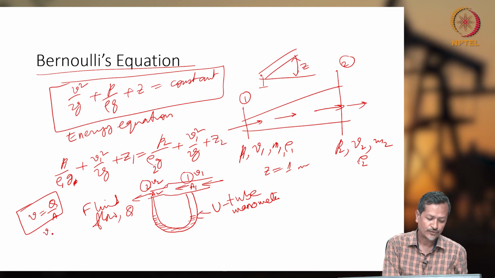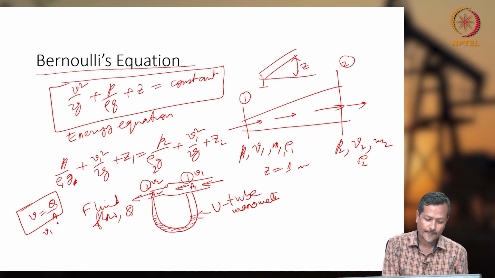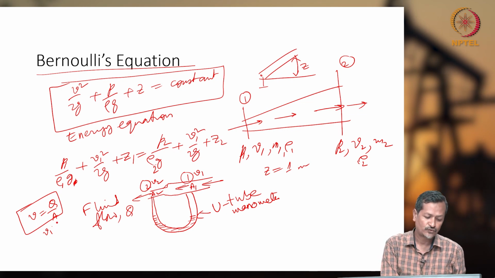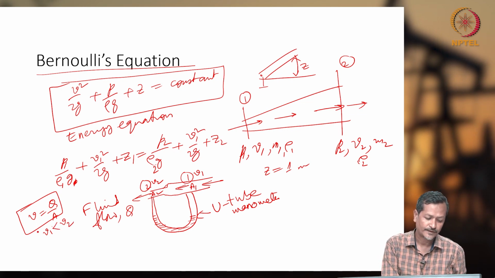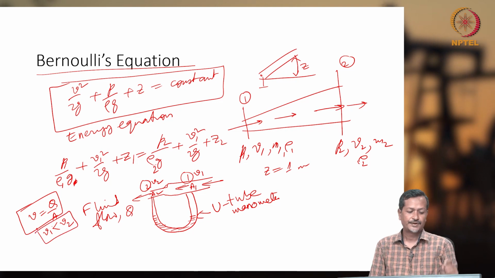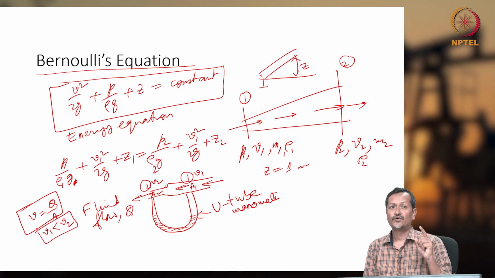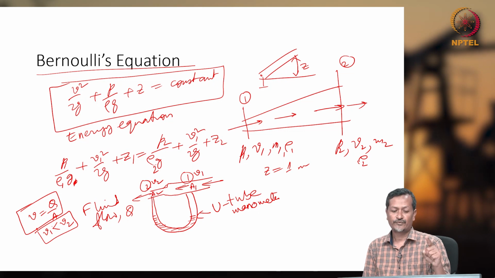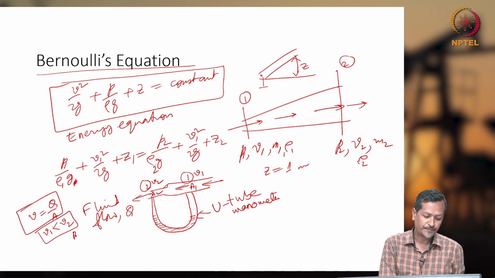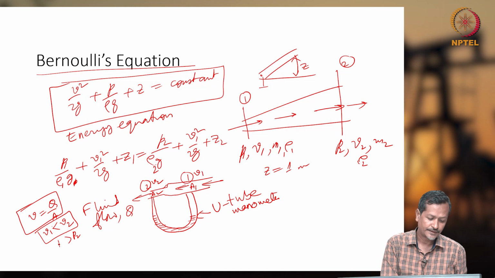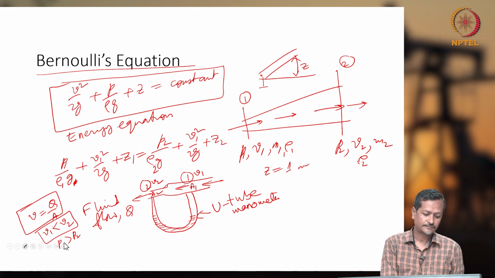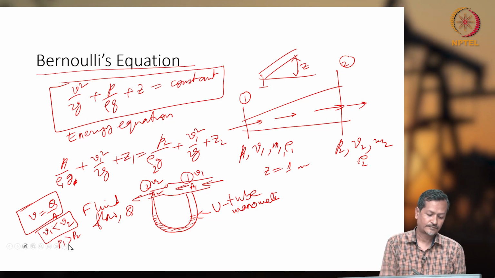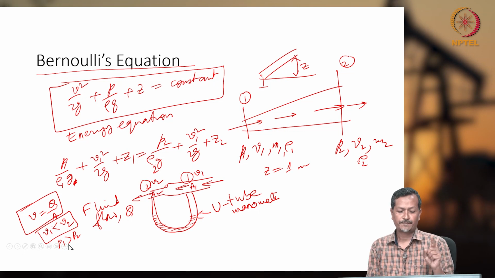So V2 will be more. So if you put this formula, you are getting more V2. When you are getting more V2, P2 will be lower, so P1 will be more than P2.